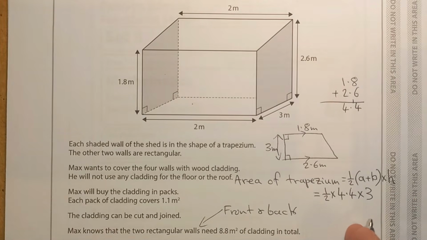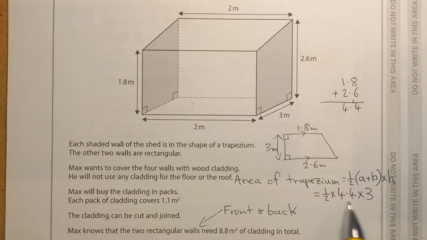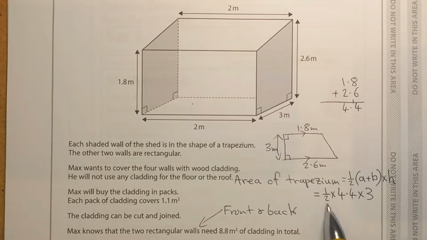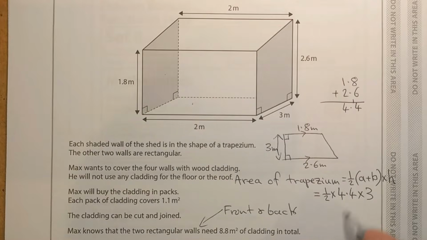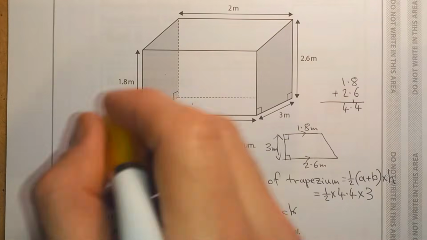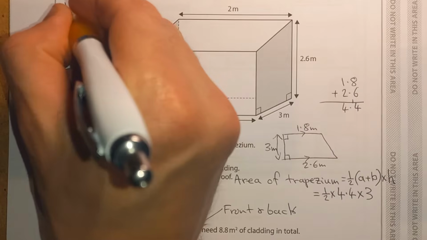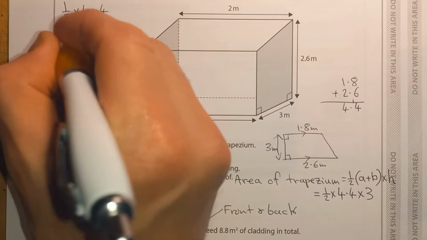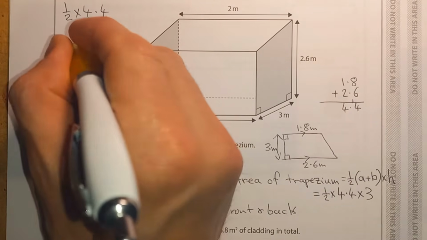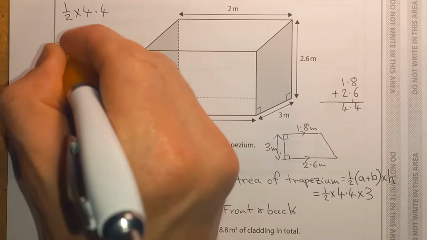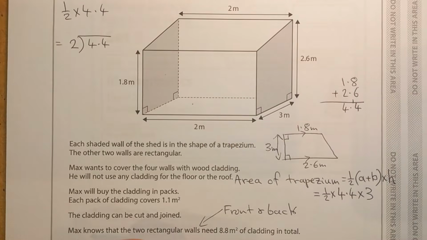which is 3. Okay. So now you've got to work out what's going to be the easiest way to multiply these together. It doesn't matter which order we multiply these three together. Well, we want a half of something. I think it's going to be easier to work out the half of 4.4 because these are both even numbers. Okay, so let's do this up here. So a half of 4.4 is going to be 4.4 divided by 2.